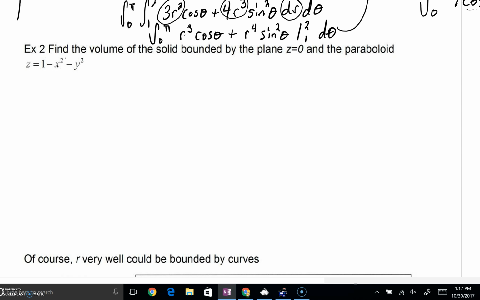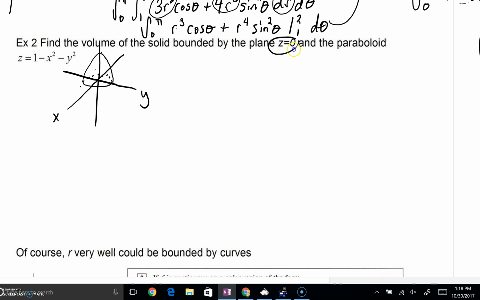And we're going to have this, but of course we've also got the plane z equals 0. So, what can happen is you've got this shape right here, and z equals 0 is the xy plane, of course. And so you're going to say, let's find the volume bounded by that xy plane and this paraboloid.